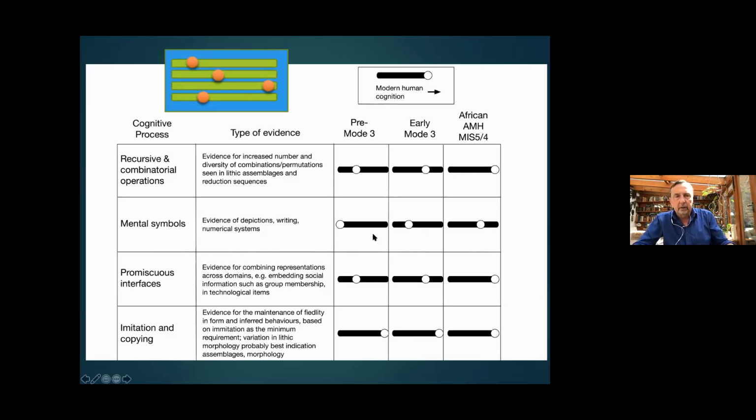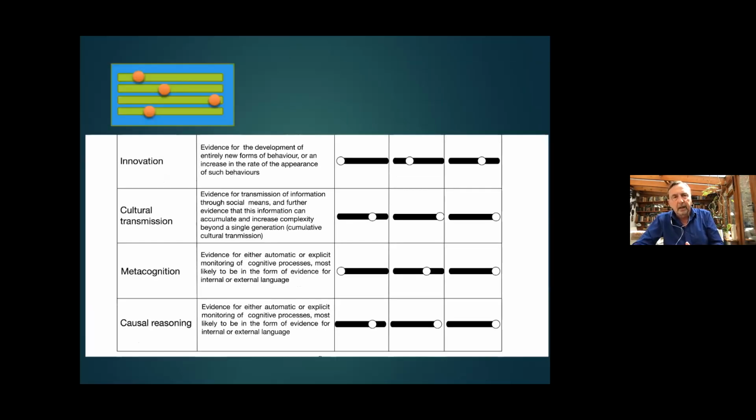Again, I won't go through all these, but the point is then, can we plot onto these cognitive processes particular signals from the technology that will indicate things, so levels of combination, amount of fidelity, and so on in the whole process, as they would presumably move towards the hominin cognition.